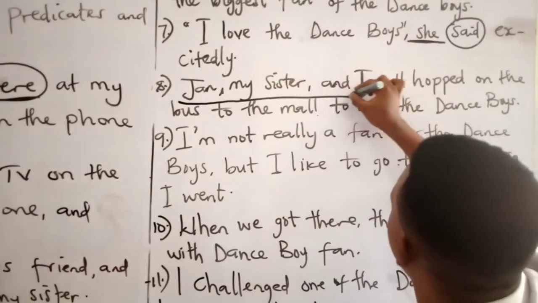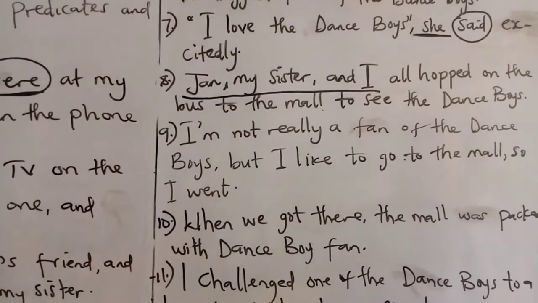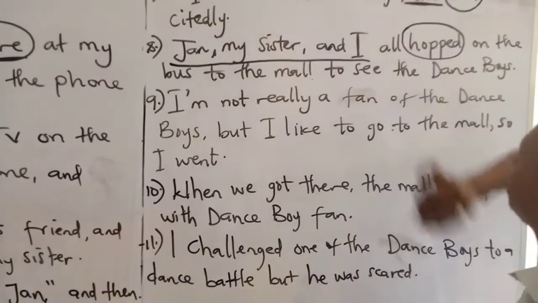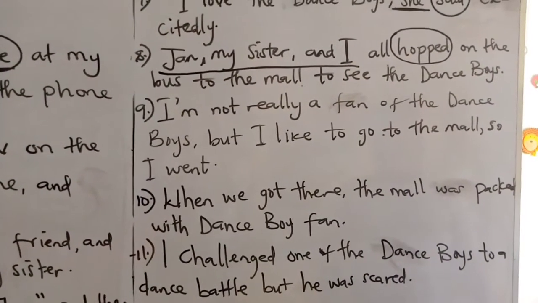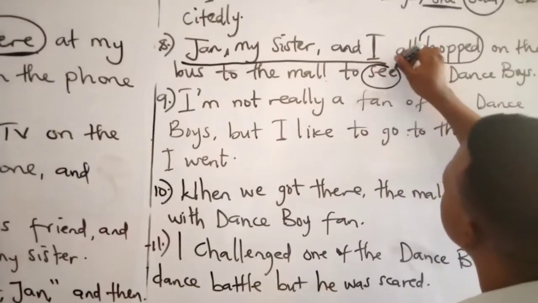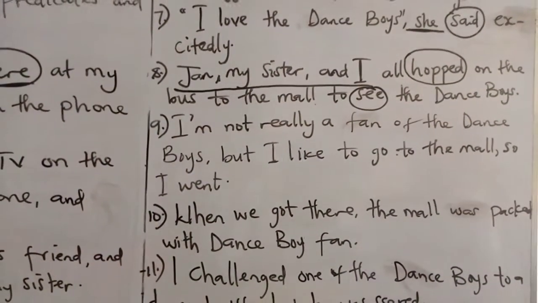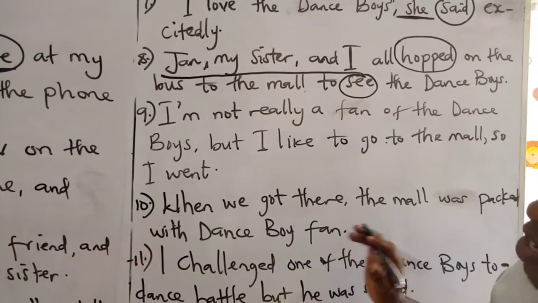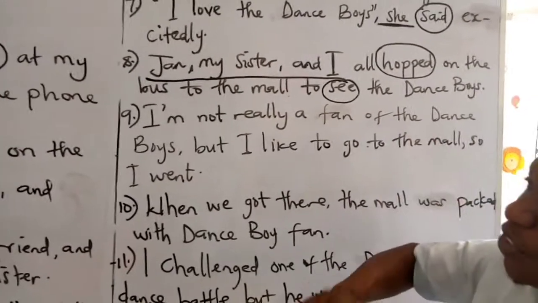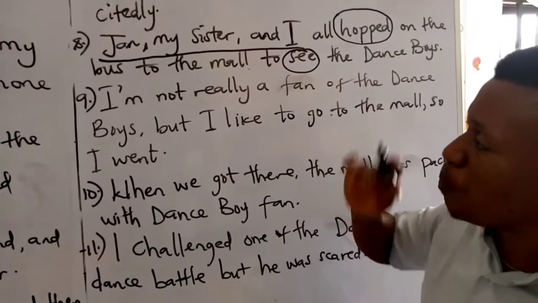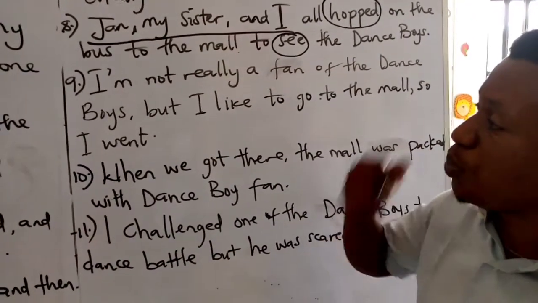Jan, my sister and I. The subjects, underline. Hopped. Remember, action, predicate. On the bus to the mall to see, action, the Dance Boys. Can you see how easy it is? So you just take your time. Follow the words in the sentence, and you pick out your subjects and also your predicates.